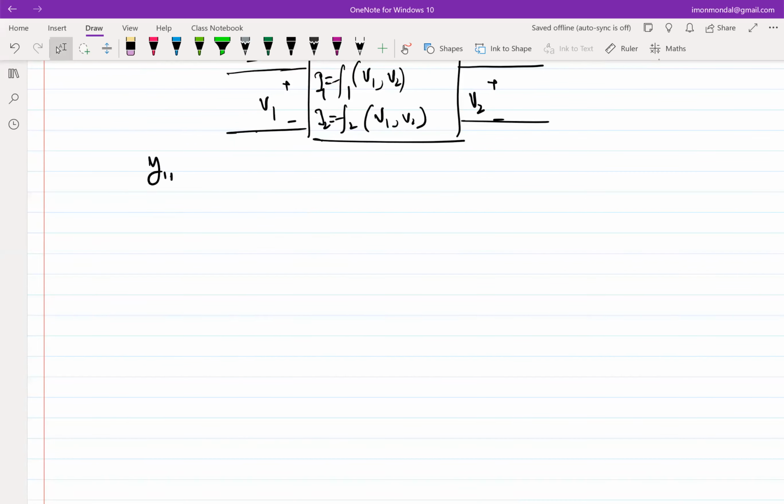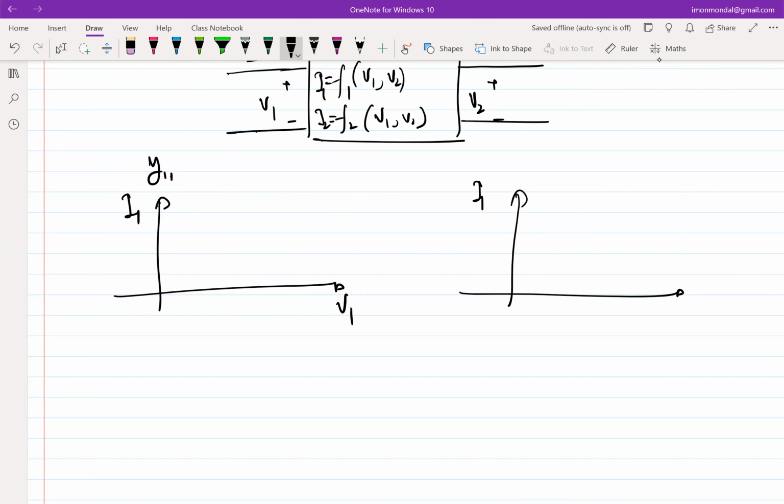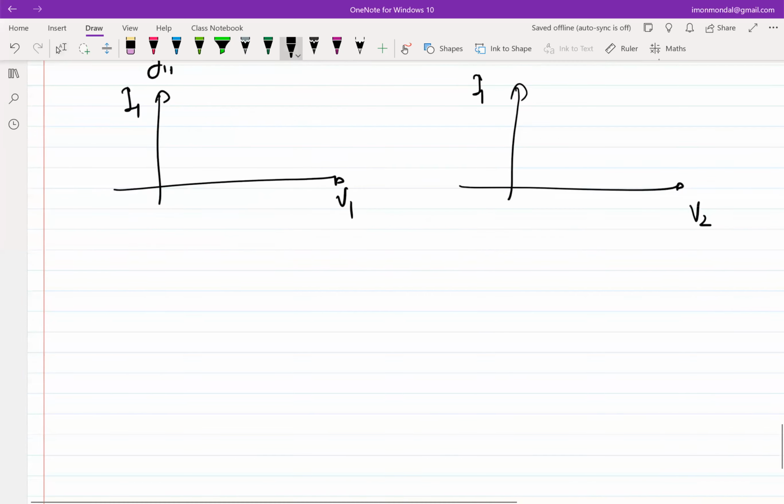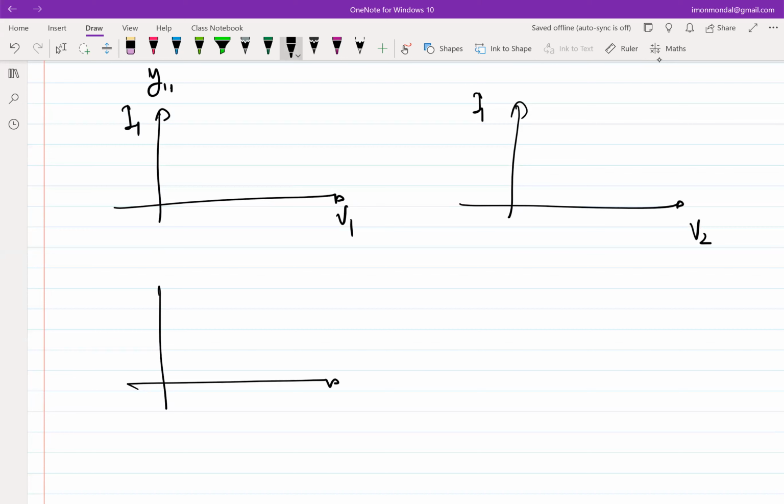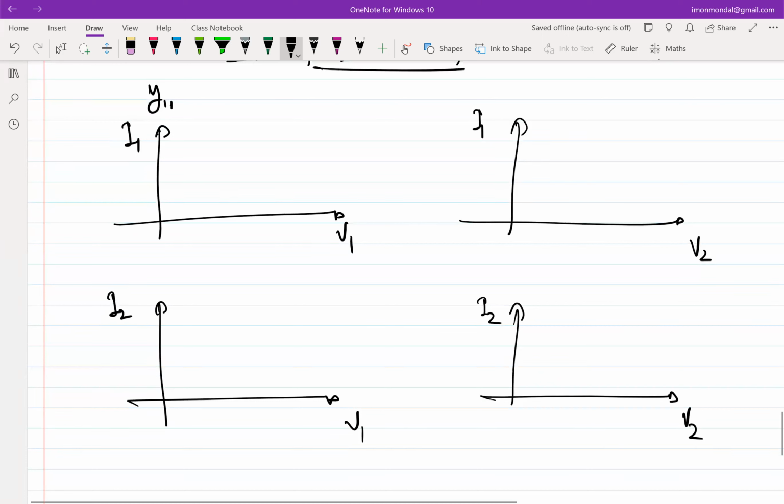You have these 4 plots: I1 versus V1, I1 versus V2, I2 versus V1, and I2 versus V2. So clearly Y11 is by definition ∂I1/∂V1, right?